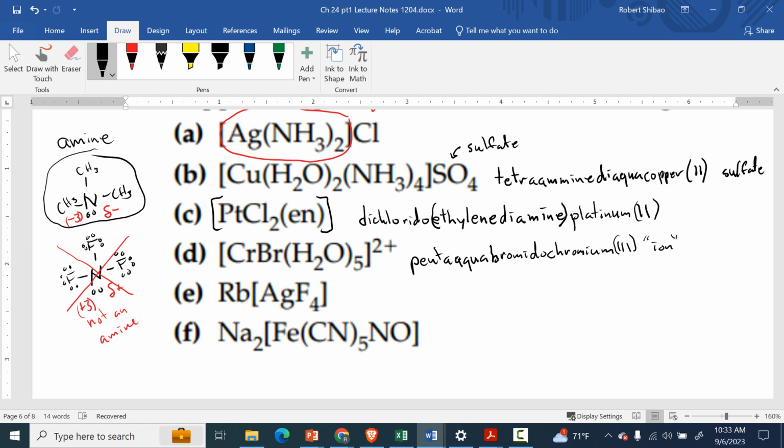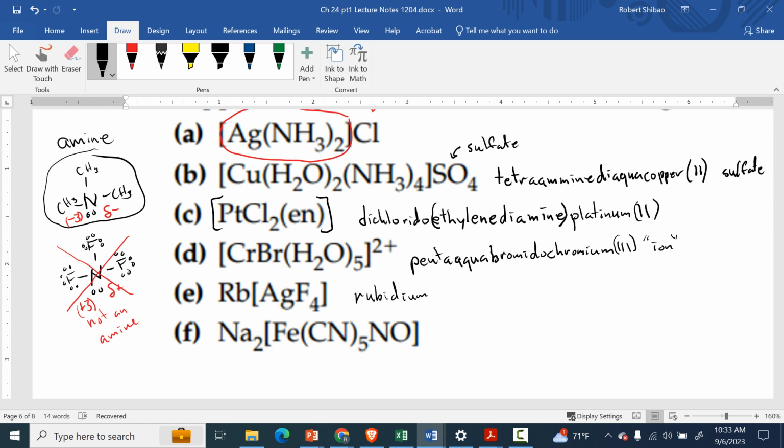Okay, this is an ionic compound here. The cation, do you recognize that cation? Rubidium. Monorubidium or just rubidium? Just rubidium. All right, now we have an anion. So do we do silver or fluorine first? Fluorine.